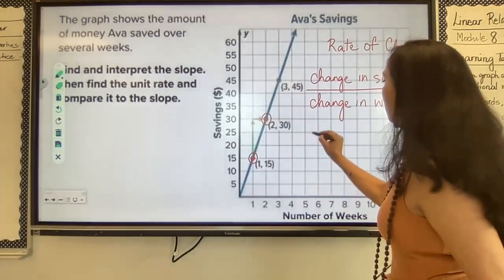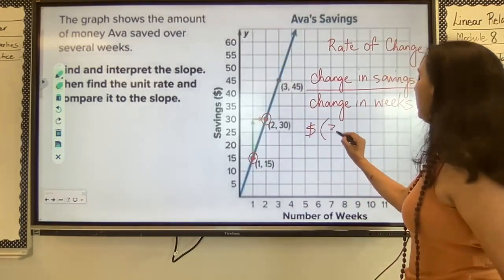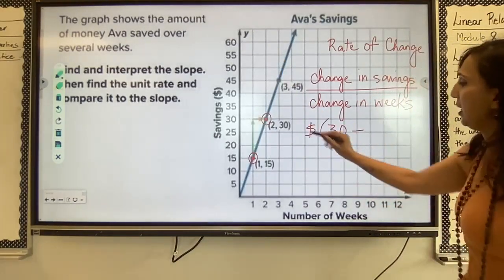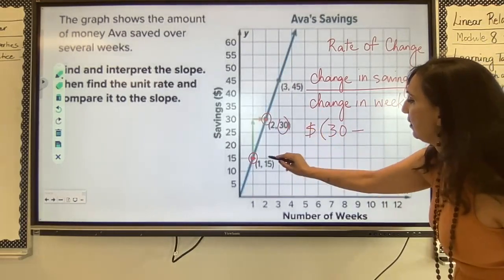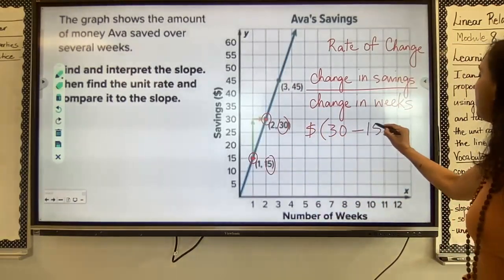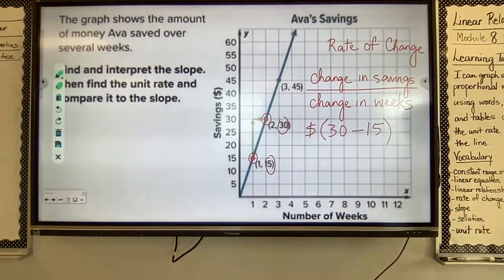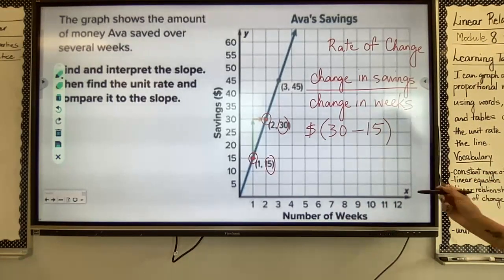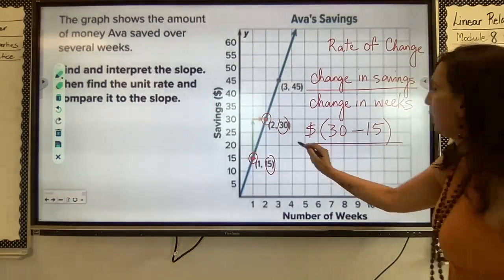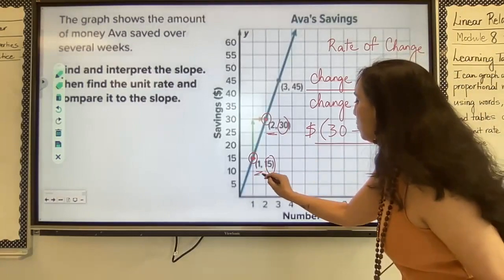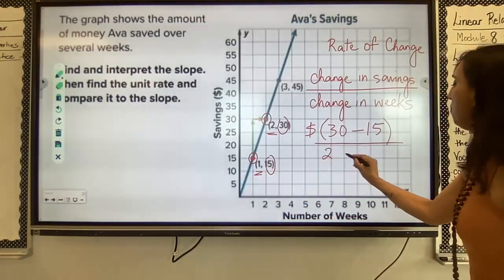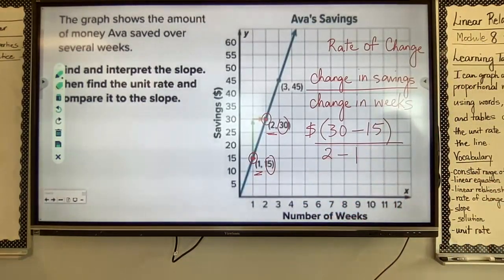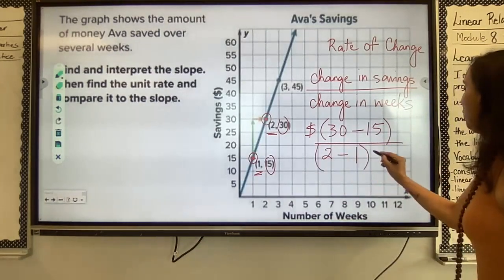Is money. So we have $30 minus 15. So this and this, okay, minus 15, over here, this one and this one. So this is 2 minus 1 weeks. And we're talking about weeks over here.